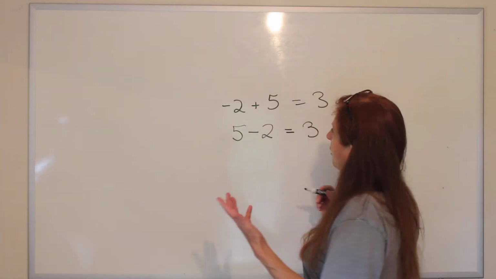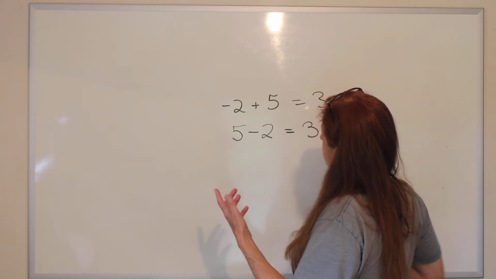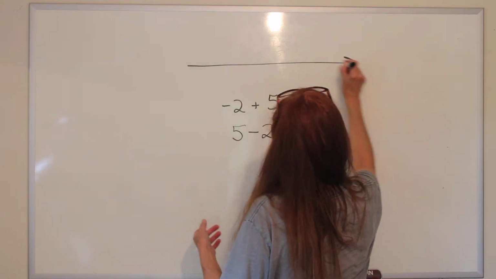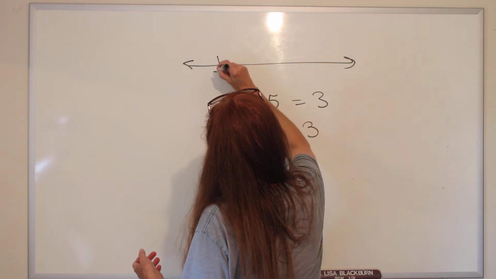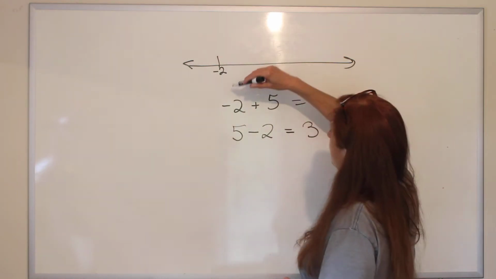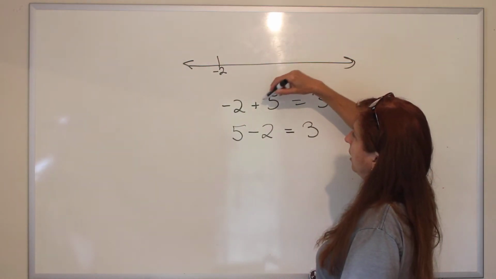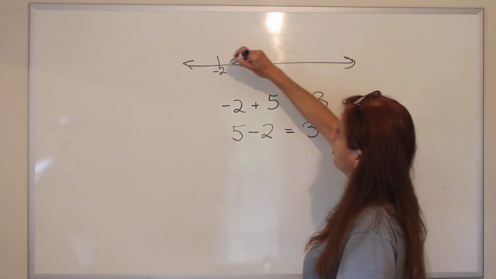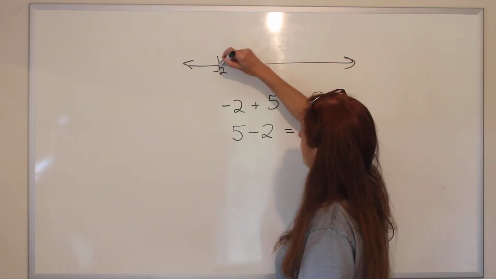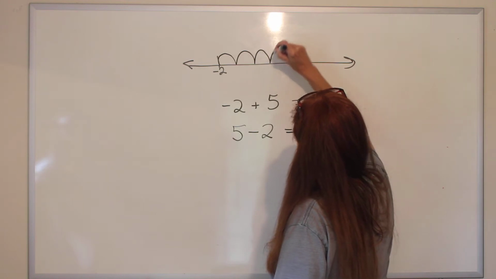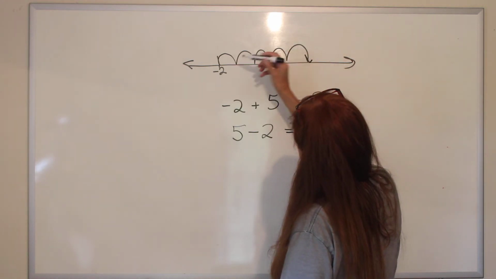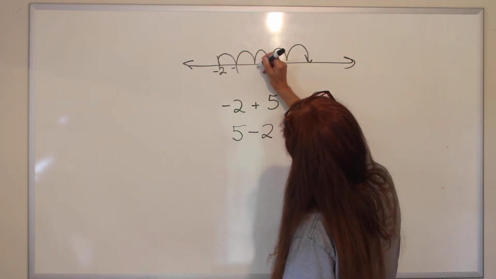Now, another way to think about it, and I will show you the number line way, is that you're at negative 2 and you have to go 5 hops on the number line toward the positive direction. 1, 2, 3, 4, 5. So if that's negative 2, that's negative 1.